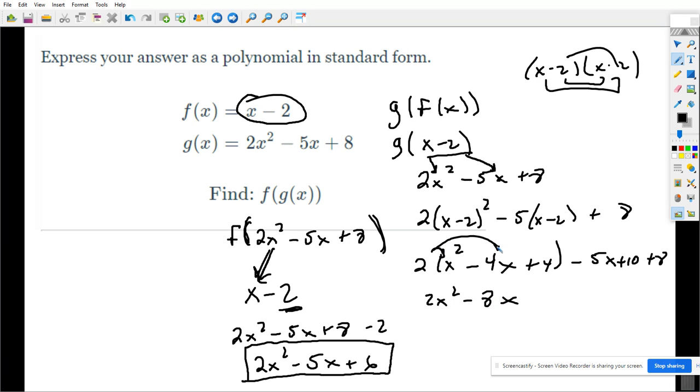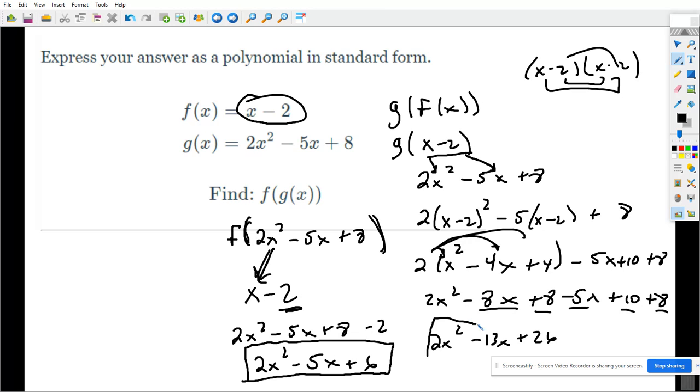Distributing gives 2x squared minus 8x plus 8, minus 5x plus 10, plus 8. Then I combine like terms. So I have 2x squared, negative 8x minus 5x is a minus 13x. 8 plus 10 is 18, plus another 8 is a plus 26. So if I were asked to do g of f of x, I get a completely different function, but it's just a ton of algebra.